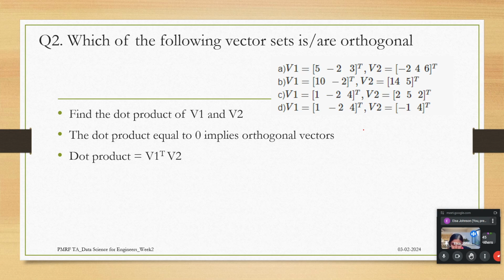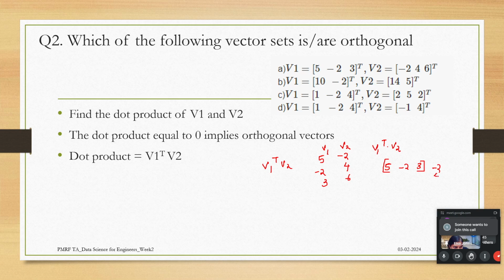The operation to be done is v1 transpose v2. As an example, v1 equal to 5, minus 2, 3 and v2 is minus 2, 4, 6. So v1 transpose into v2 is 5, minus 2, 3 with minus 2, 4, 6.